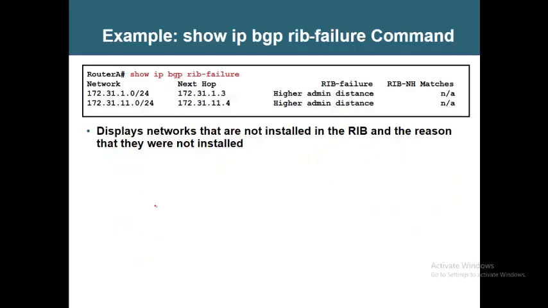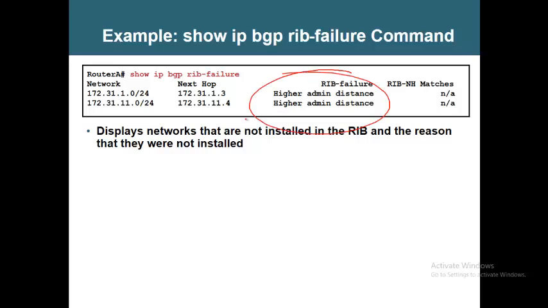Read this line: it displays networks that are not installed in the routing table, and the reason they were not installed is higher administrative distance.